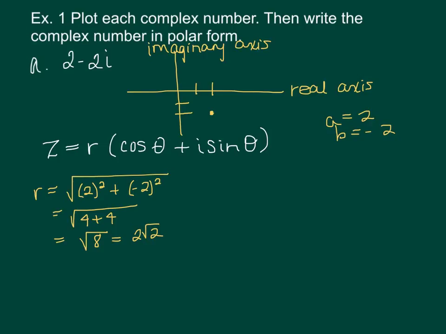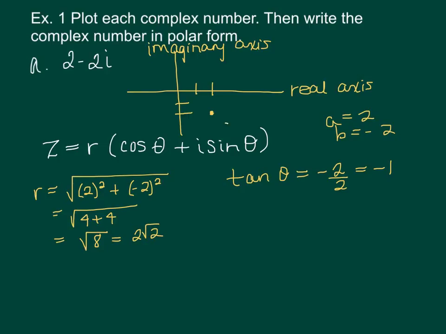Okay? And then we're going to find theta. And you're going to do that by tangent of theta equals B over A. It's kind of like we did before, the y over x, negative 1. And in this quadrant, we have to figure out which angle has a tangent value of negative 1.